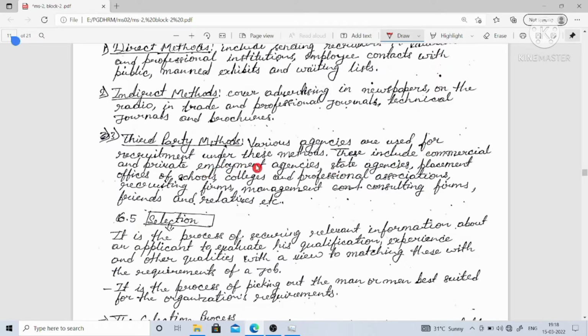These include commercial and private employment agencies, state agencies, placement offices of schools, colleges and professional associations, recruiting firms, management consulting firms, friends and relatives. So third party means using various agencies for getting able people for the job.